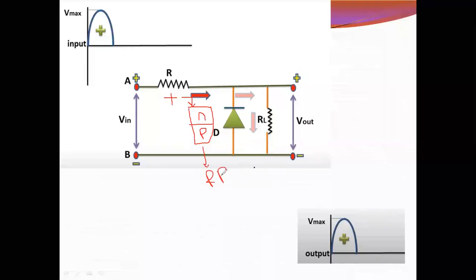Then, due to the diode becoming reverse bias, it becomes an open circuit. Then what about the output voltage? Please think.